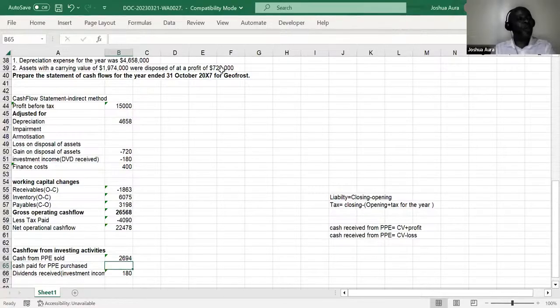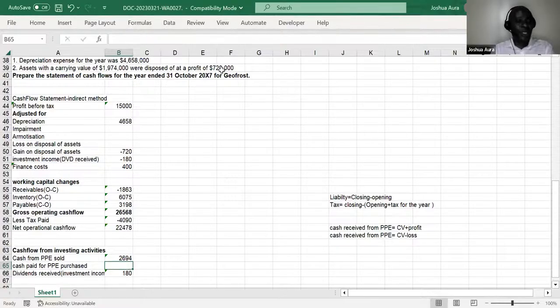From there now we go to PPE that was purchased. Now for PPE, I have to think about opening minus closing. Right? Opening minus closing.